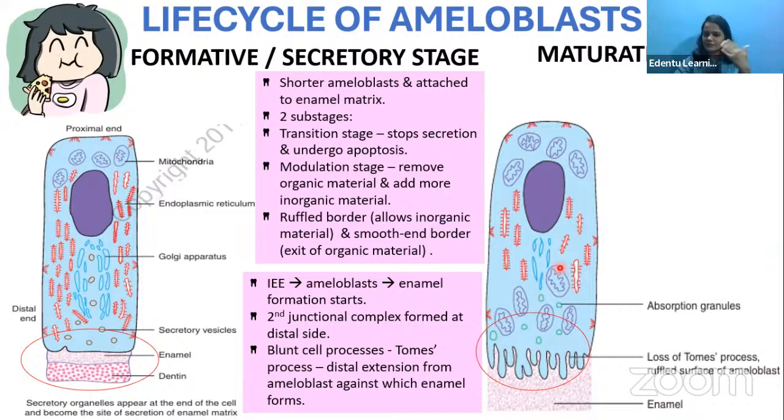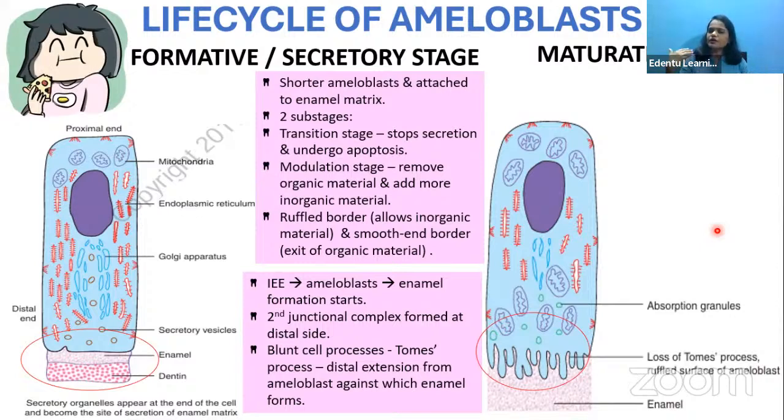In the second stage, that is the modulation stage, more and more organic material is removed and inorganic material is deposited. So these cells will show something called ruffled borders and smooth borders in the maturative stage of the ameloblast. The ruffled borders allow inorganic material to enter the cell, and the smooth borders allow the exit of the organic material.